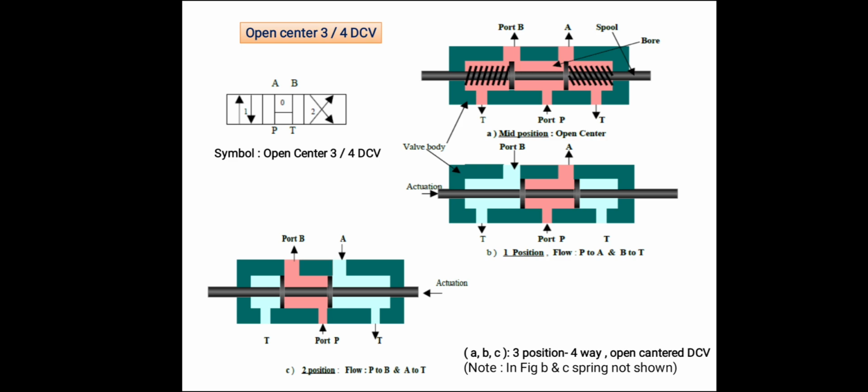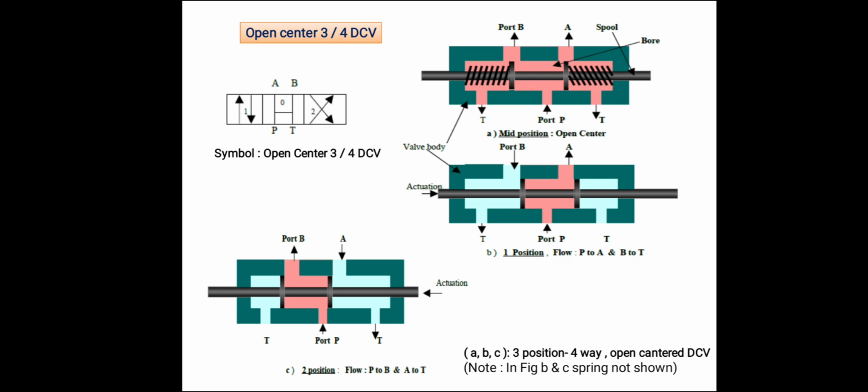It should be noted that a three-position valve is used whenever it is necessary to stop or hold an actuator at some intermediate position within the stroke range, or when multiple circuits or functions must be accomplished from one hydraulic power source. Three position, four-way direction control valves have different varieties of center configurations.